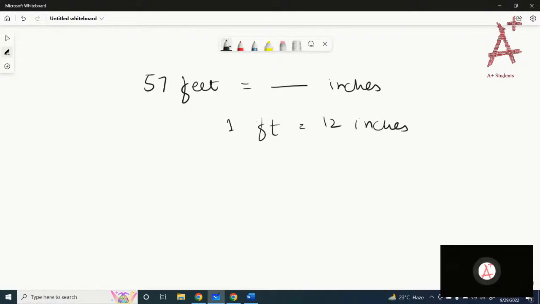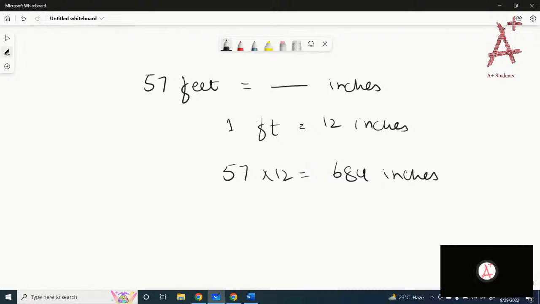So you're converting from feet to inches. So you have to multiply 57 times 12 so that you can get the answer in inches. So 57 times 12 is 684 inches. Got it? So we have learned two of the conversions, from pounds to ounces and from feet to inches.